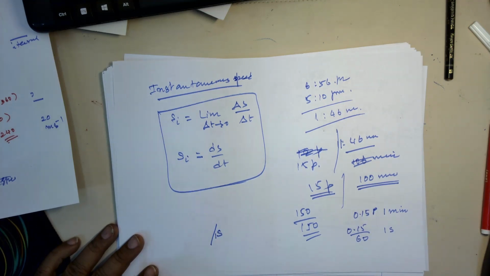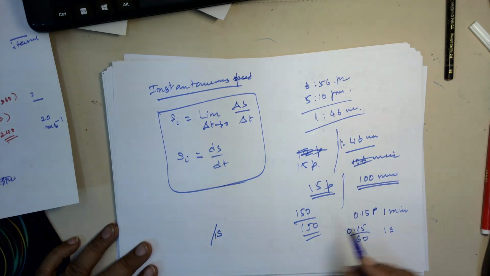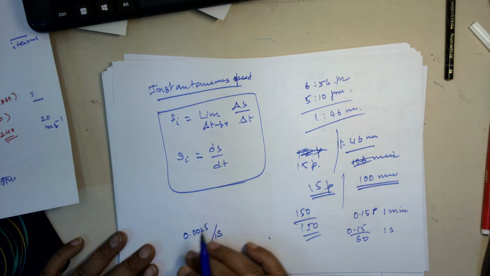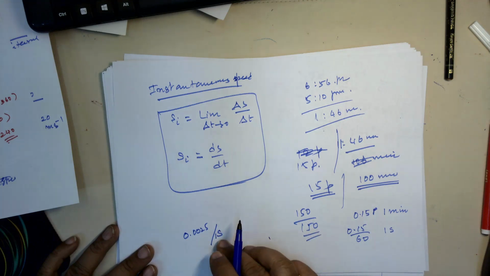Just divide 0.15 by 60. The answer is 0.0025 pages of learning content from me, right, in 1 second.